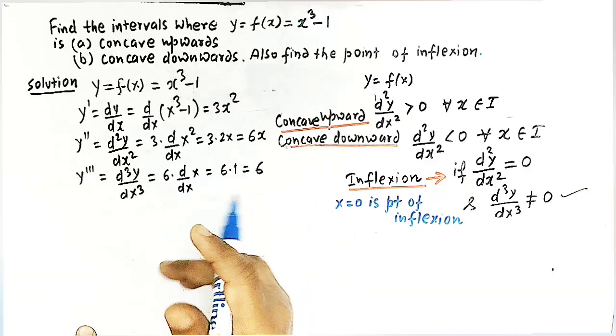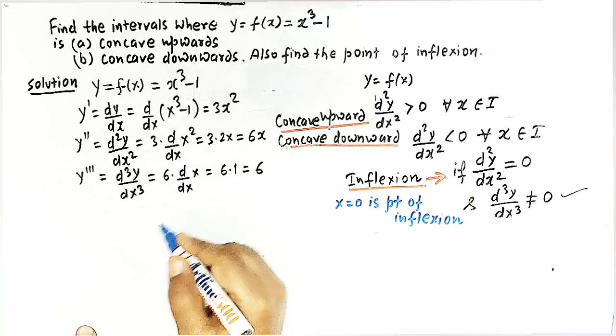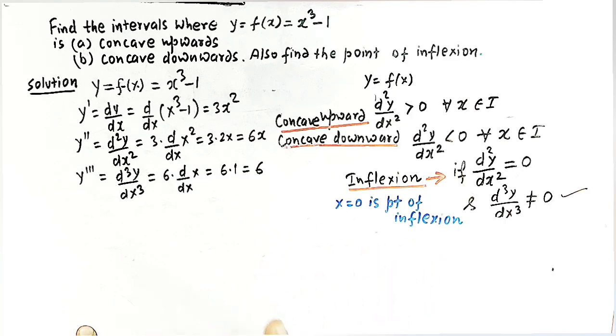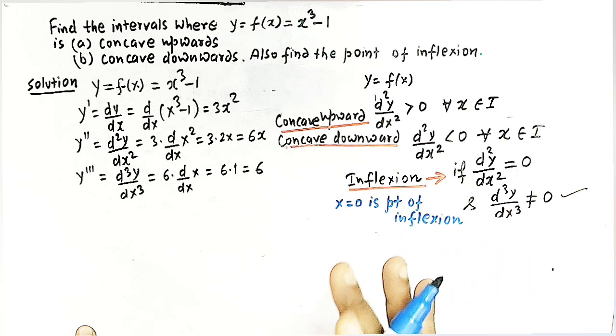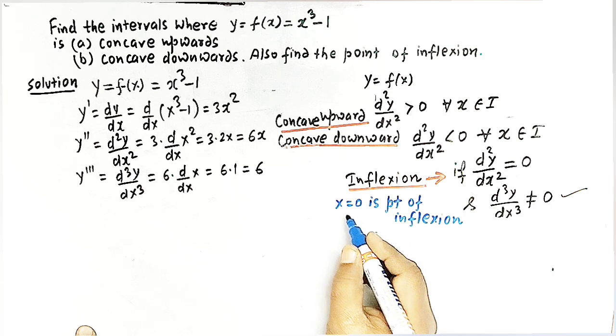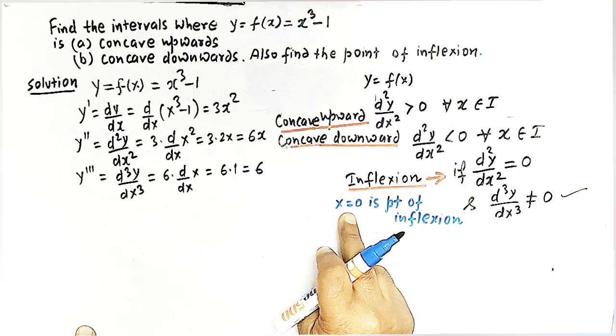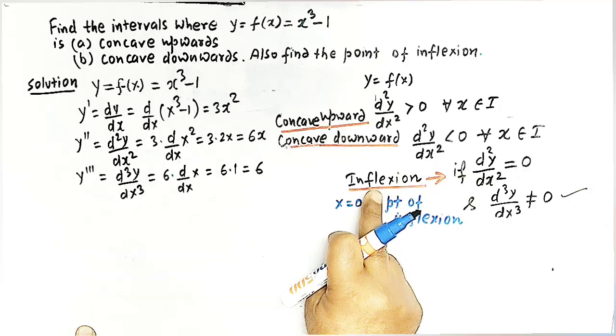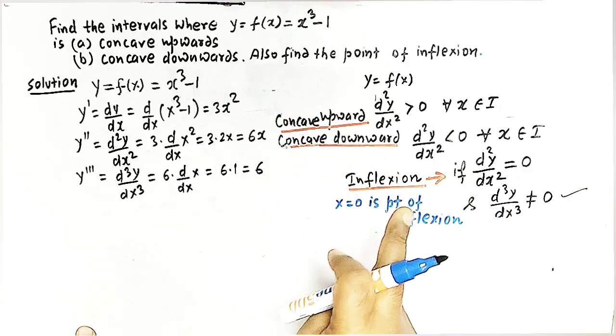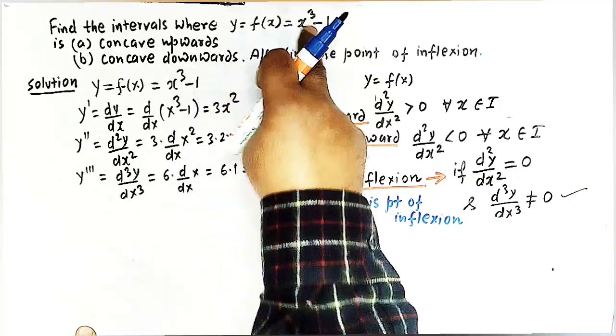So either the curve changes from concave upward to concave downward, or from concave downward to concave upward, right? So let us see how the concavity changes at this point, that is x is equal to 0, which happens to be the point of inflection of this curve, right?